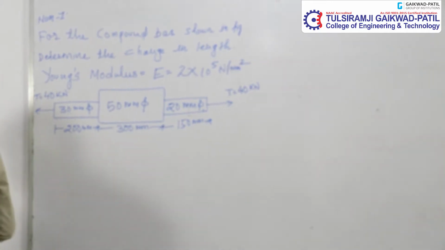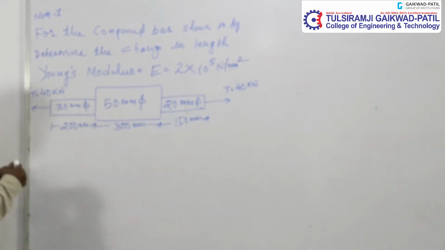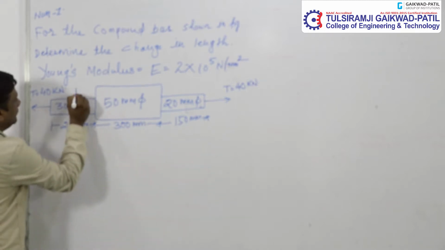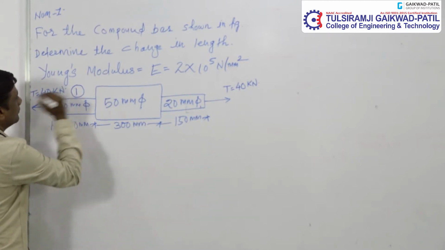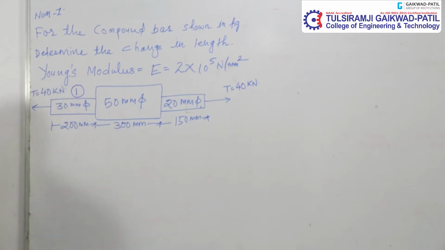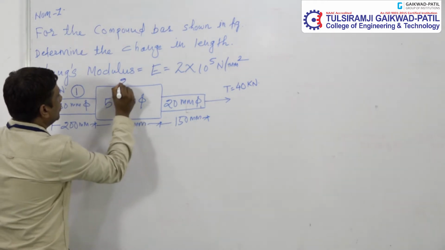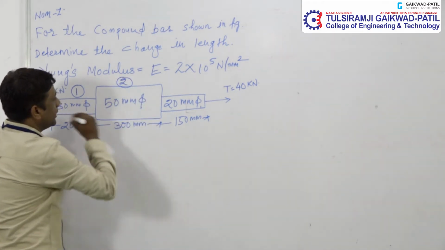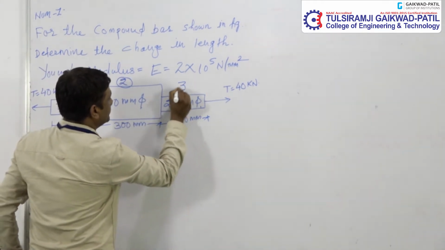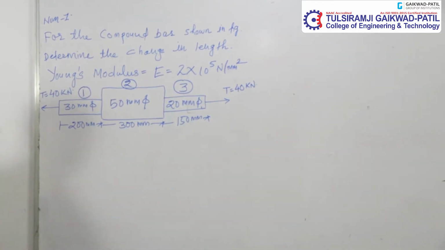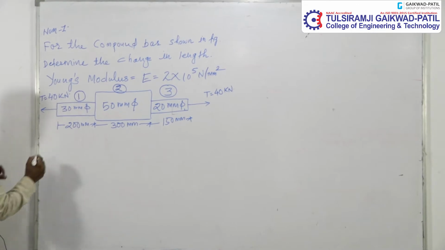In this figure, this is material number 1, this is material number 2, and this is material number 3. Now we can first write down the given data.